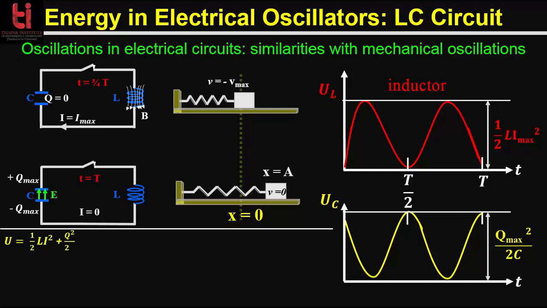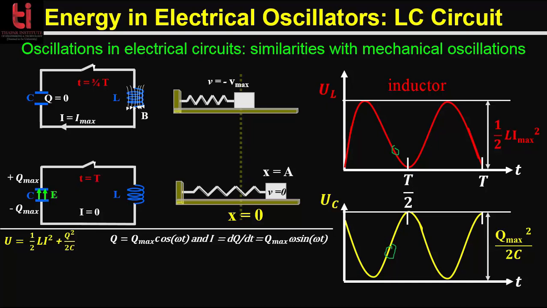So now if you think that we are somewhere at this point where we have both the contribution of electric potential energy and the magnetic energy stored in the inductor, we can write that U, that is the total energy, is equal to half L I square plus Q square by 2C, and Q is equal to Q max cos omega t, so I will be Q max into omega sine omega t.